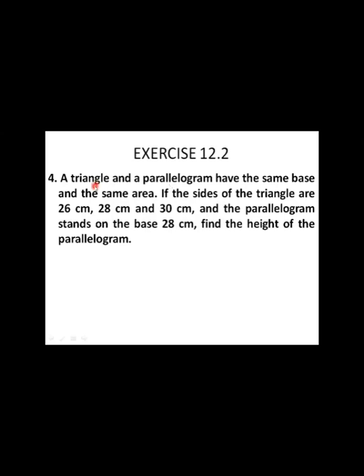The question says that there are two shapes, a triangle and a parallelogram, which have the same base and the same area. So whatever be the triangle's area would be the area of the parallelogram also. And the triangle and the parallelogram have the same base. Now, what is given in the next line?